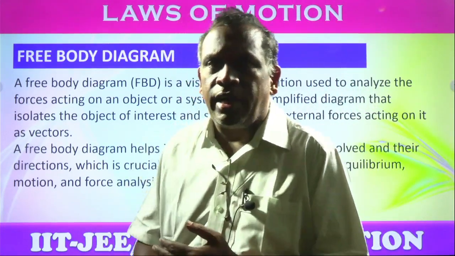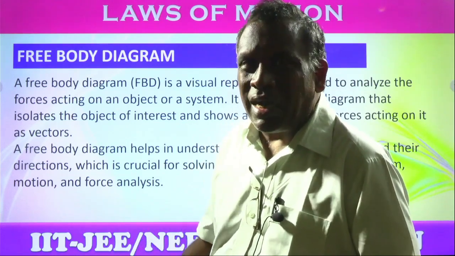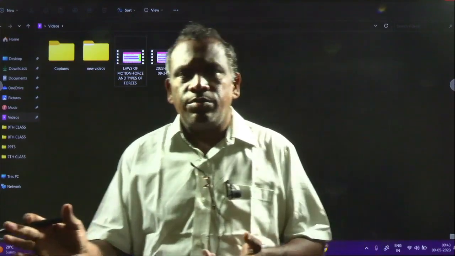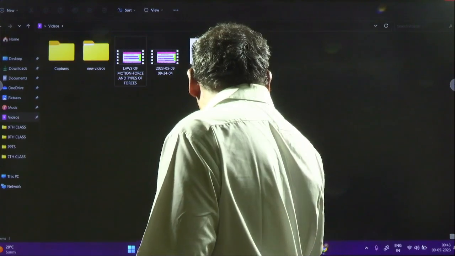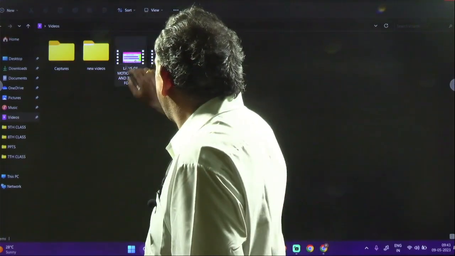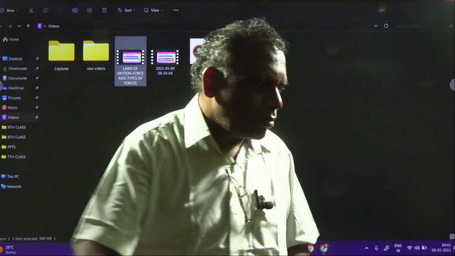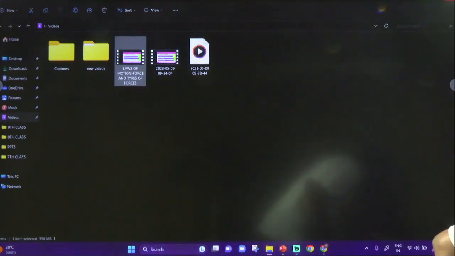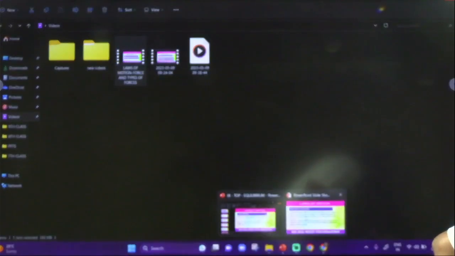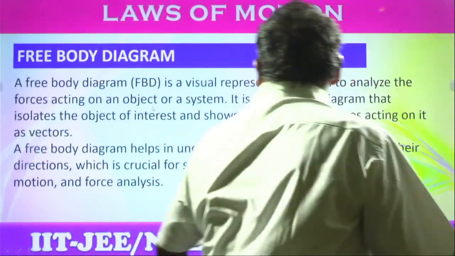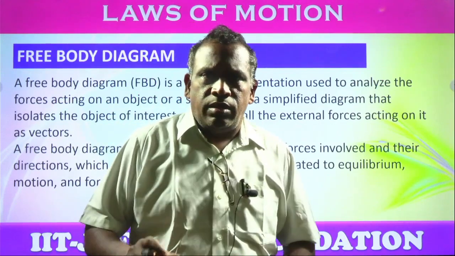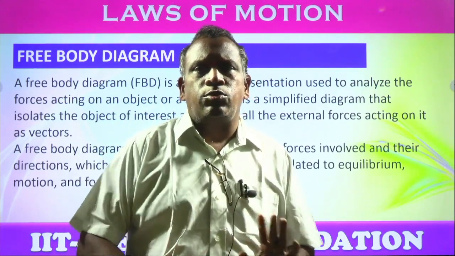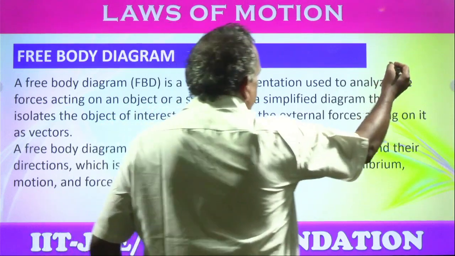In the free body diagram, there are some connected bodies. Something like this, passing over the pulley, there are objects which are connected with the help of a string.